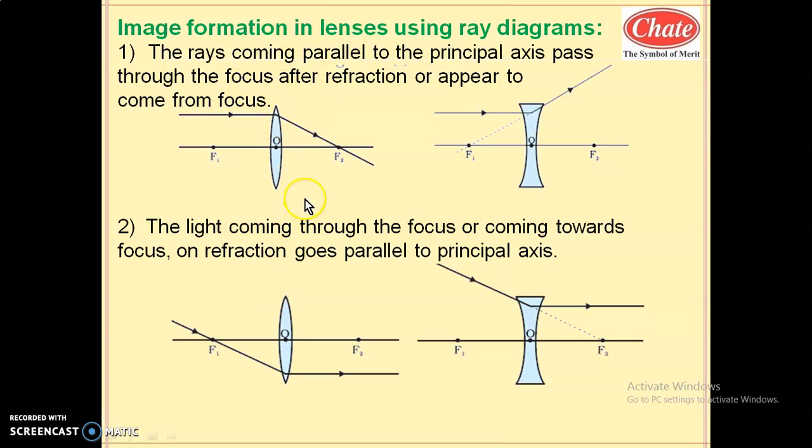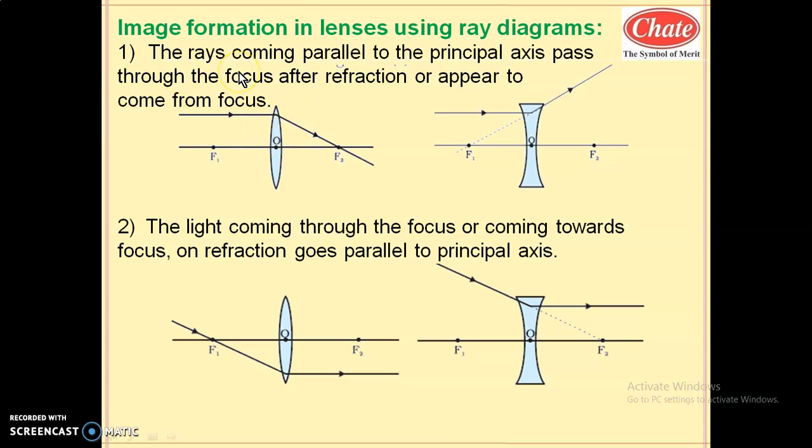These rules are again similar to those of the mirror, with a slight difference, because the mirror was a reflecting surface, whereas a lens is a transparent medium or transparent object through which the light is not reflecting, but refracting. So this is the difference between the mirror and the lens.